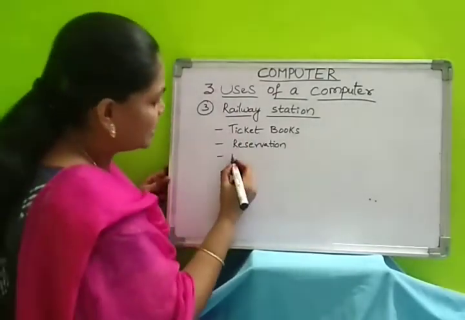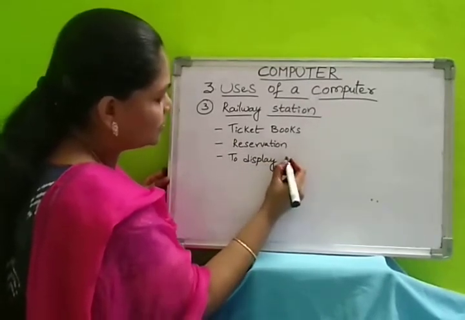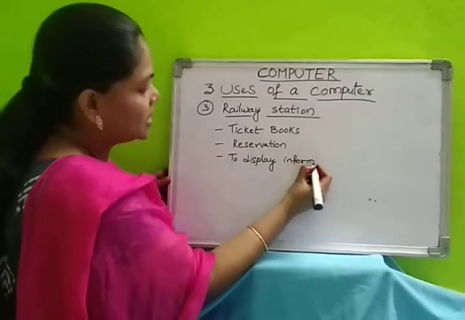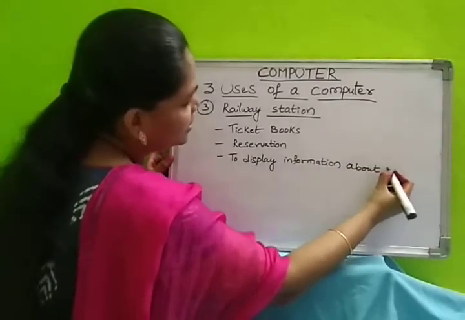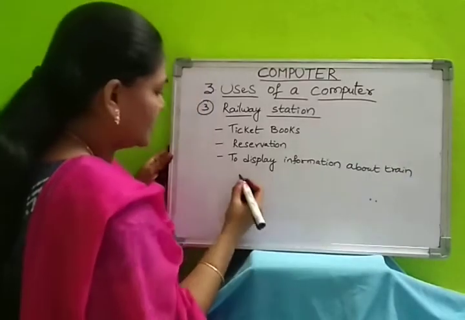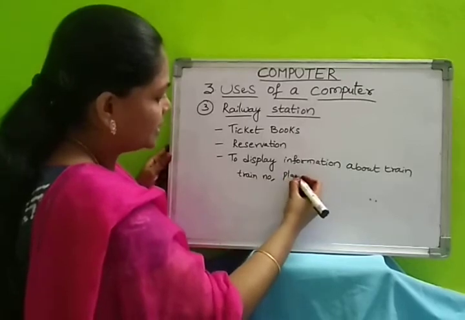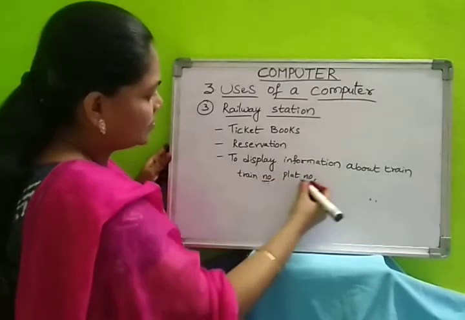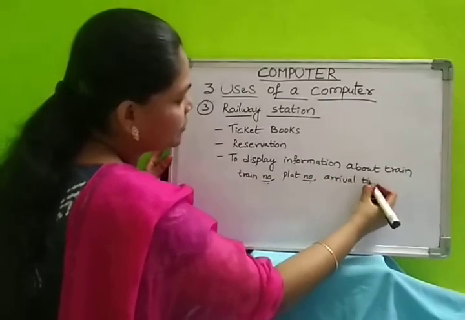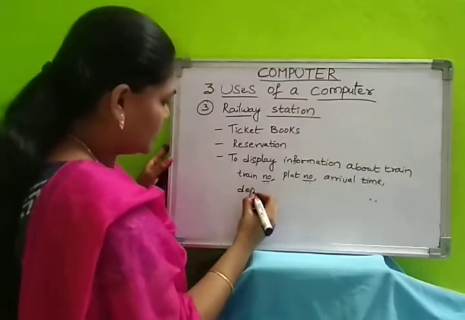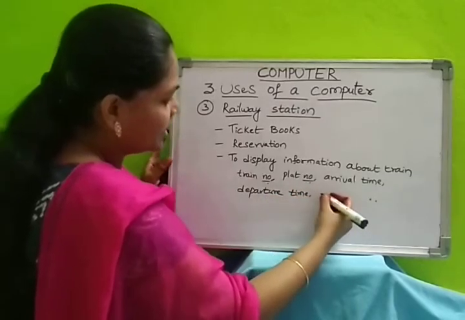To display the information about the train. What is that information? The train number, platform number, what is the arrival time, what is the departure time, and from where to where it is going.